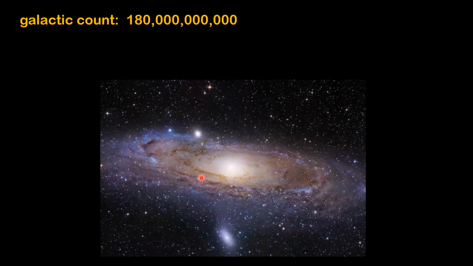There's other information I'm sure that they use as well, but it's going to be an approximate count, of course. They can't actually go to the galaxy and count all of those stars individually for a lot of reasons. Number one, there's not enough time in your life to count that many stars. And there's also not enough time in your life to get to the galaxy, not even close. So those numbers are going to be approximate. And let's say that they came up with a number like 180 billion stars.